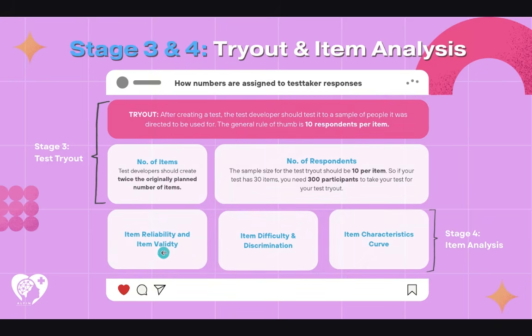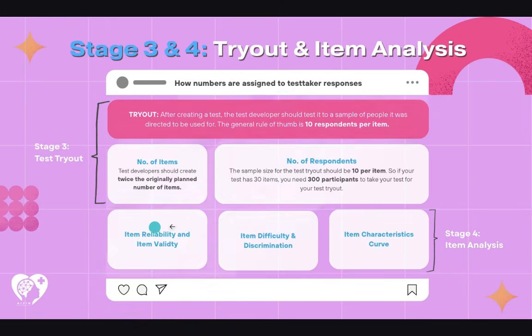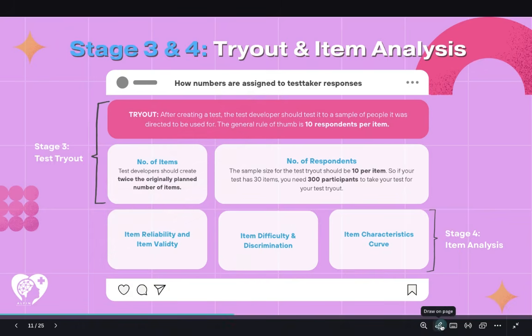So all you need to establish is reliability. You just want to make sure that all of the respondents have consistency in terms of the scoring. But if you're making a test, if you're the one constructing it, then it would help for you to establish its validity.